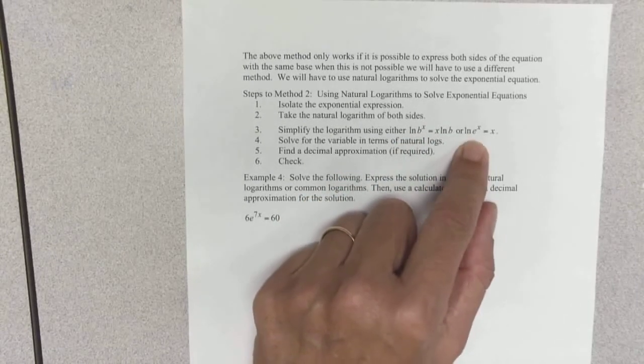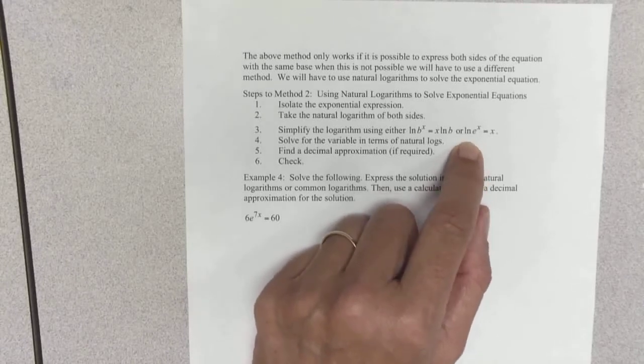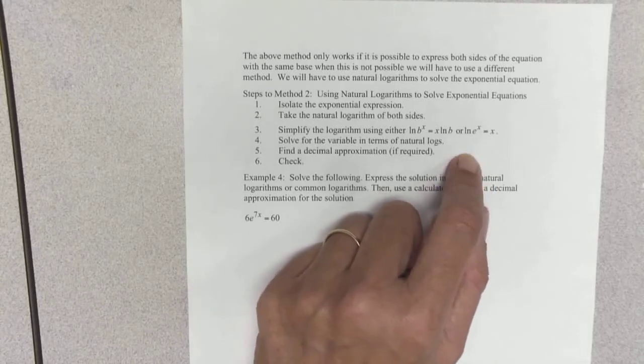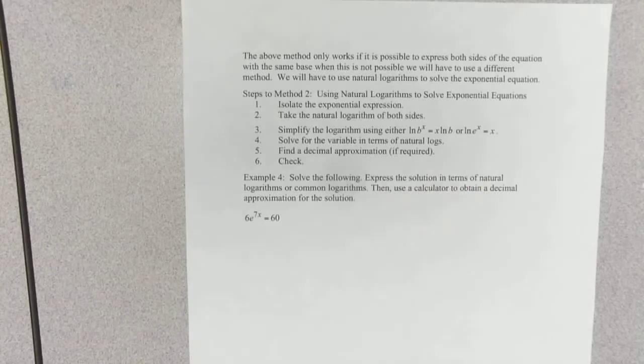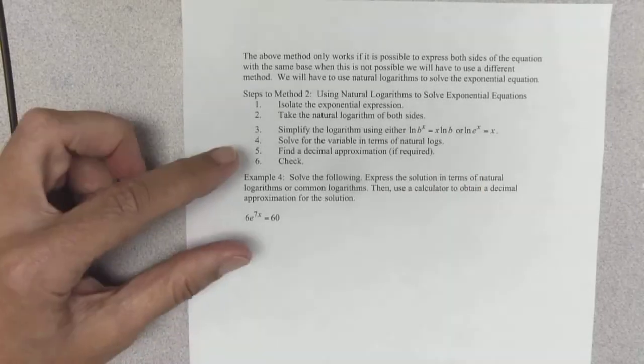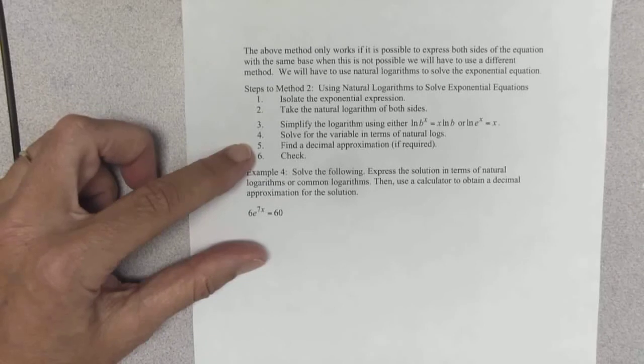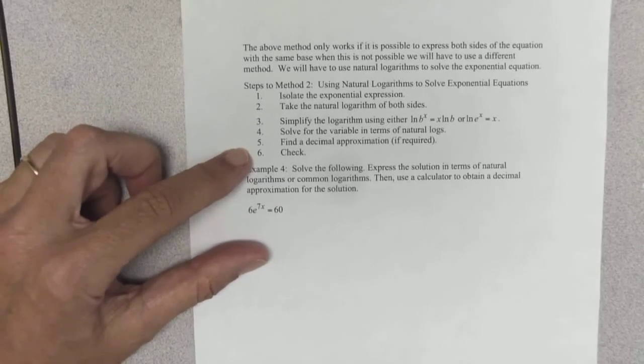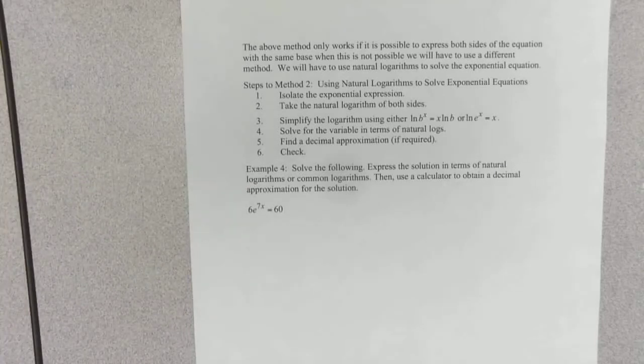The second one, you just have to learn that natural logs and e to the x are inverse operations and they, quote unquote, cancel. 4, solve for the variable in terms of natural logs. 5, find a decimal approximation if required. 6, check. And again, checking is a nice thing to do here, but not required.